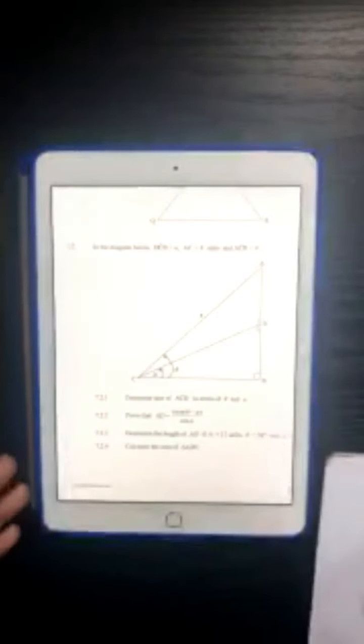Okay. Let me quickly try to redraw this one, and then I'm going to explain. Then on your own, you'll try to answer that, and in tomorrow's lesson, we'll be doing some corrections.